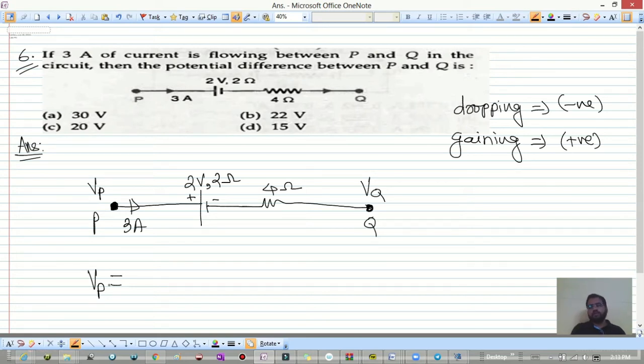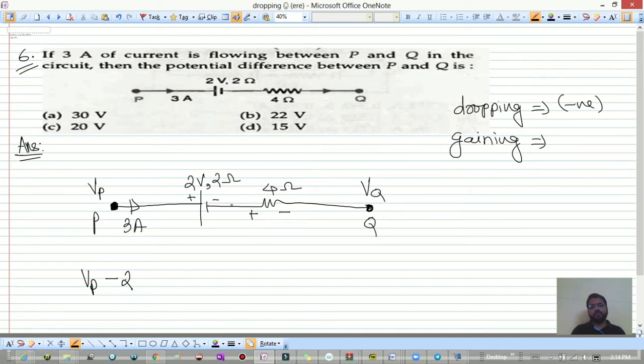Okay now. So over here Vp, dropping the potential, so minus. Just a minute. So over here, this is Vp, right? Then dropping the potential, so minus 2 volt. Then it is plus to minus.